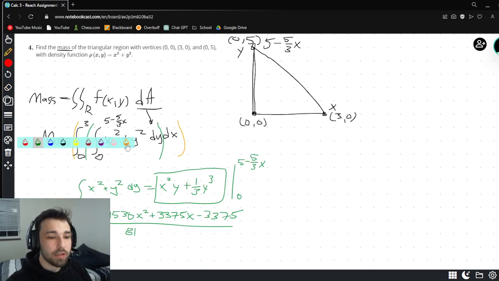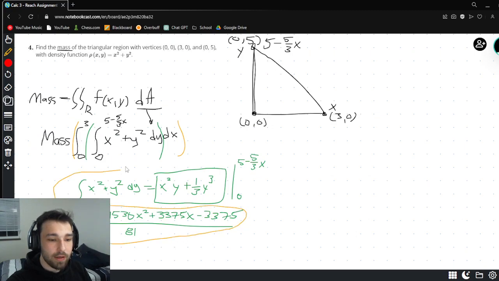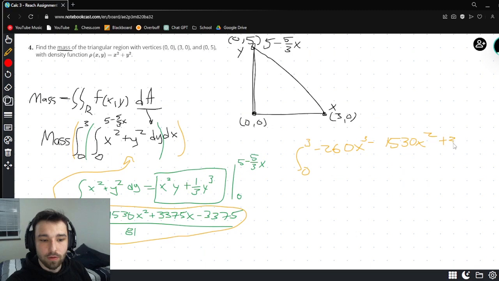Let's do this in orange because that's the bracket that we're working in, right? So just to re-express what we just did, this whole section here is now what we plug in for this green. So now I'm taking an integral from 0 to 3 of negative 260x cubed minus 1530 x squared plus 3375x minus 3375 all over 81.